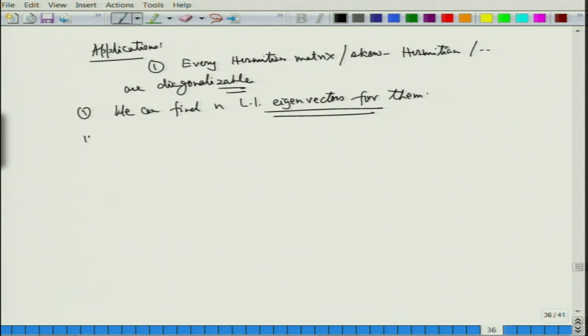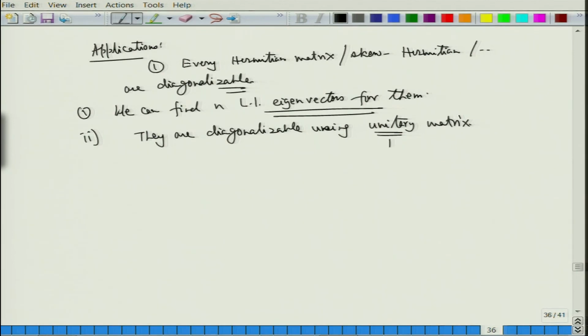And you saw that you can do it using unitary matrices. Second, they are diagonalizable using a unitary matrix. What does it mean?